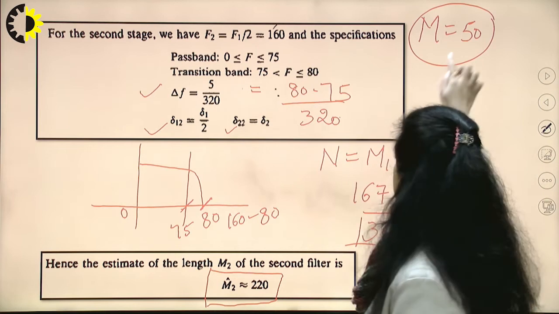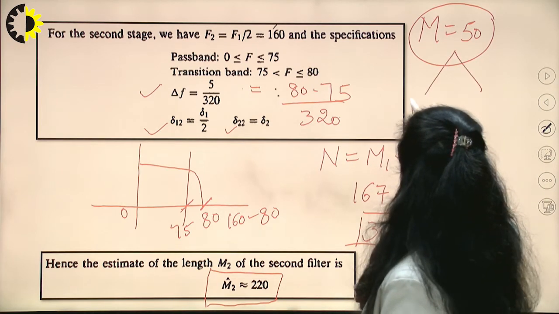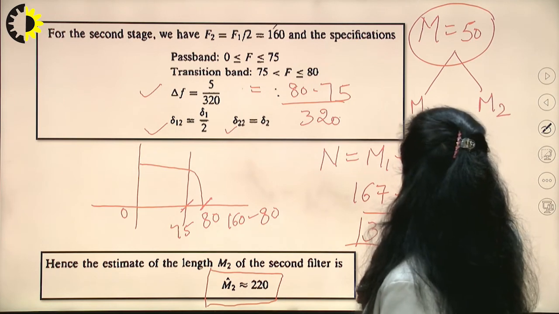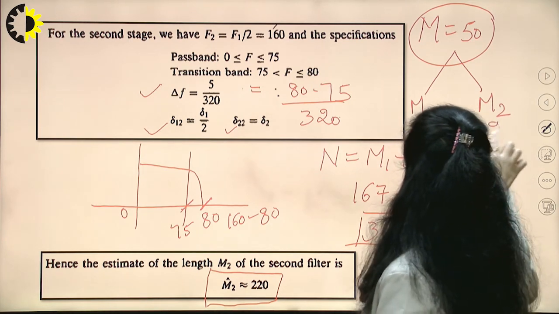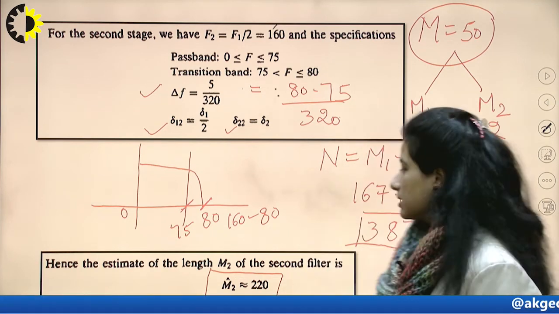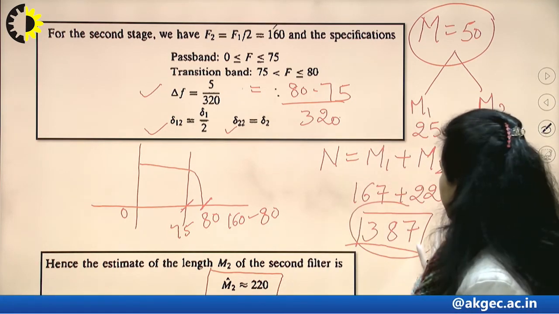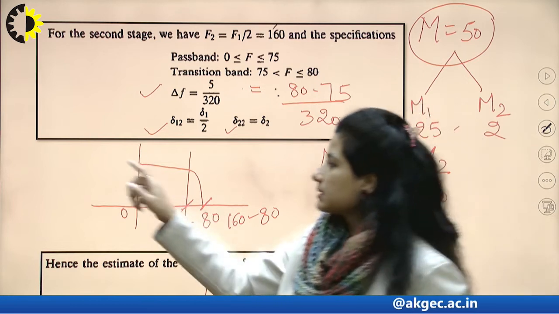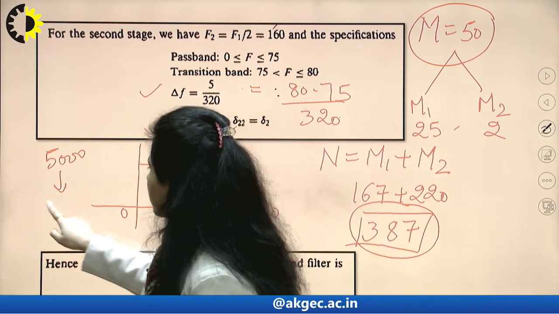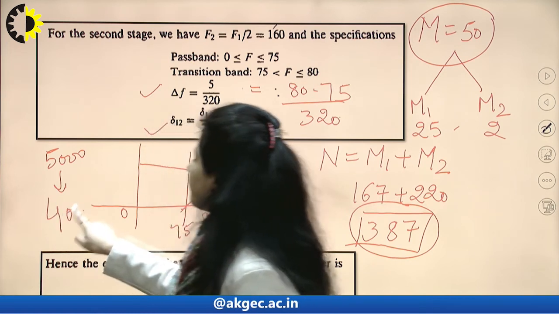The same system, when it is divided into 2 stages, M1 and M2, specifically for a factorization of 25 and 2, what do I see? I see a drastic decrease in the number of stages, which is approximately 400. So what is the reduction? From 5000 stages, I have reduced to approximately 400 stages.